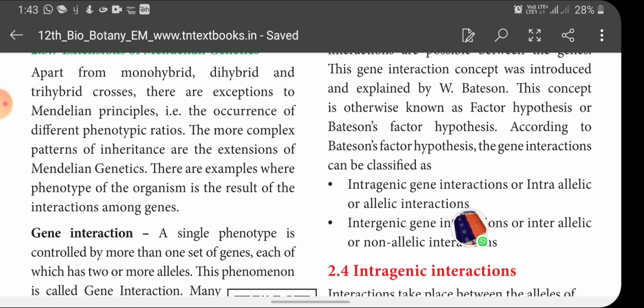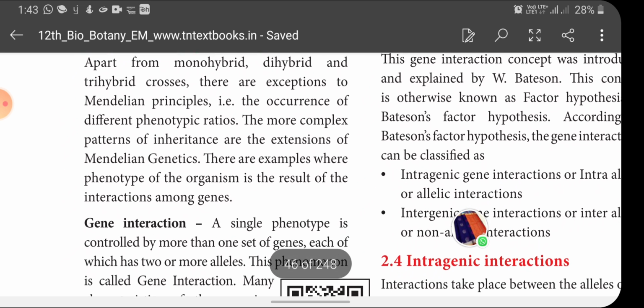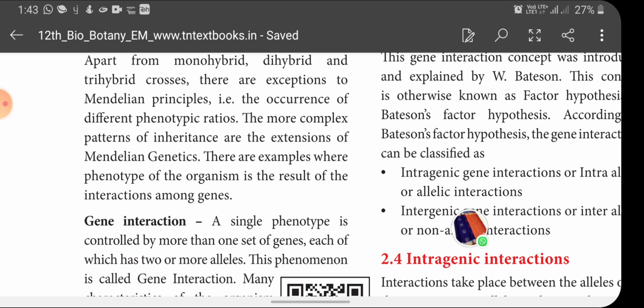Apart from monohybrid, dihybrid and trihybrid crosses, there are exceptions to Mendelian principles, that is the occurrence of different phenotypic ratios and more complex patterns of inheritance, or the extensions of Mendelian genetics. There are examples where the phenotype of the organism is the result of interaction among genes.